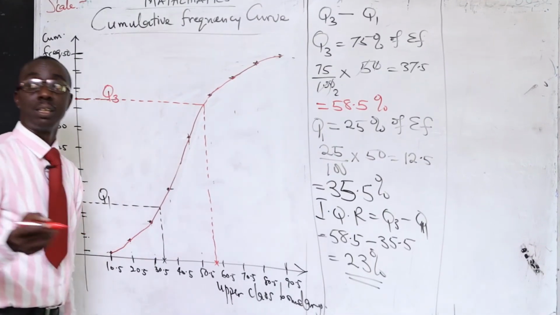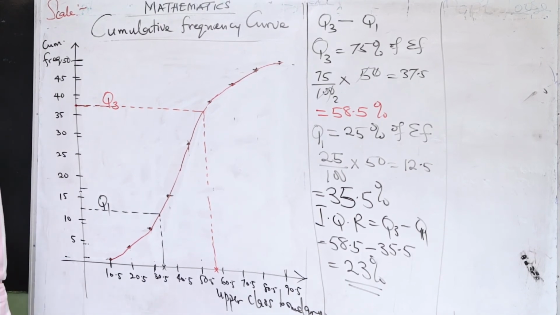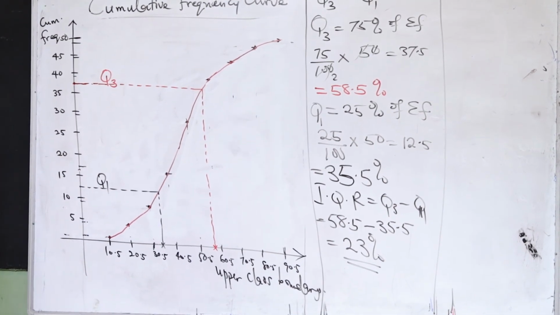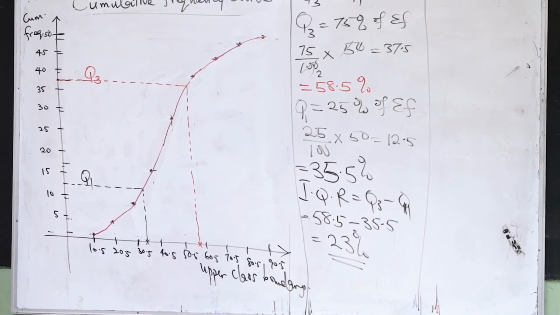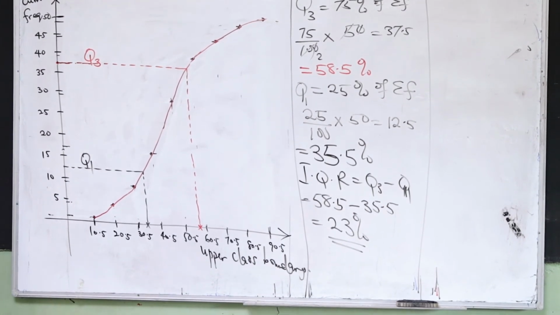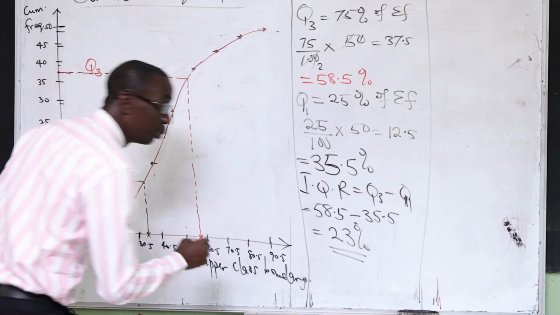So instead of 66.5, can't we take 65.5? Or we can decide to stay in between 65.5 and 66.5. So locate the middle point.